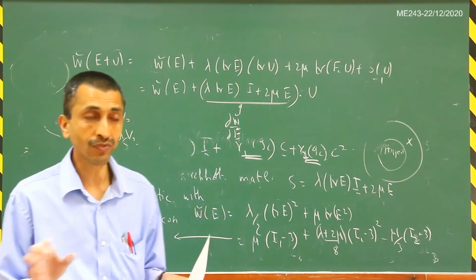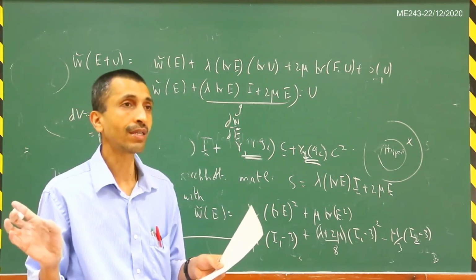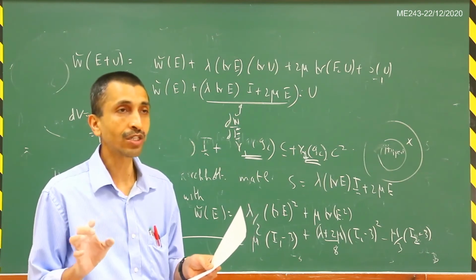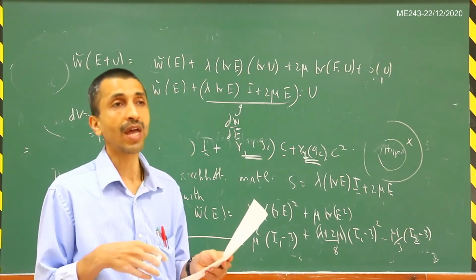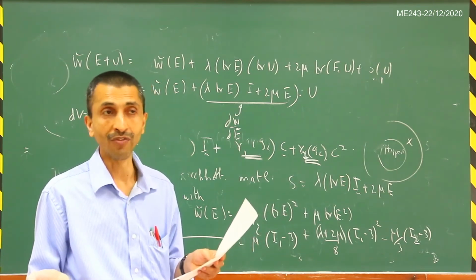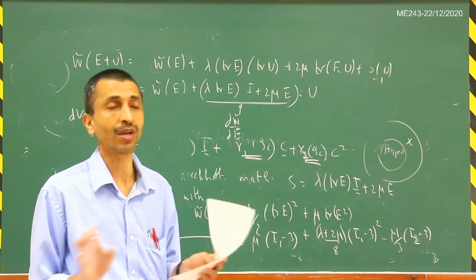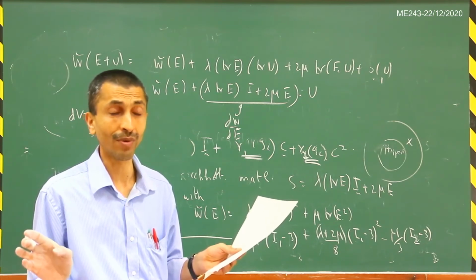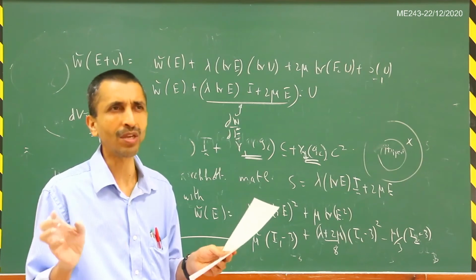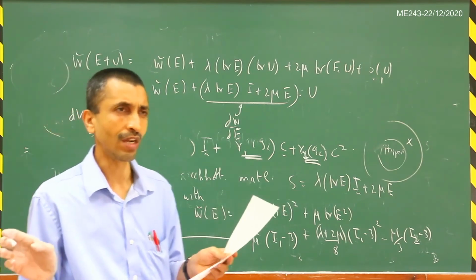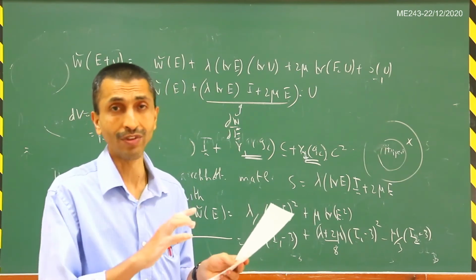So it satisfies the necessary condition. By necessary condition we mean that this MFI condition should not get violated. Suppose there is a material model that violates material frame indifference, then we can reject that material model straight away, unless of course you are looking at some approximation where you can tolerate a violation of material frame indifference, and in fact that is what happens in the case of linear elasticity, as we will show.